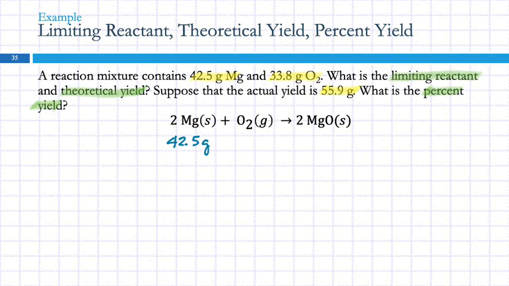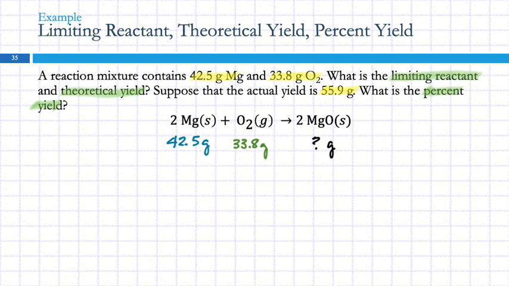So that tells me 42.5 grams of that, 33.8 grams of oxygen. And then the question is, how many grams of this? That's one of the questions. Another question is, which one of these gets used up?